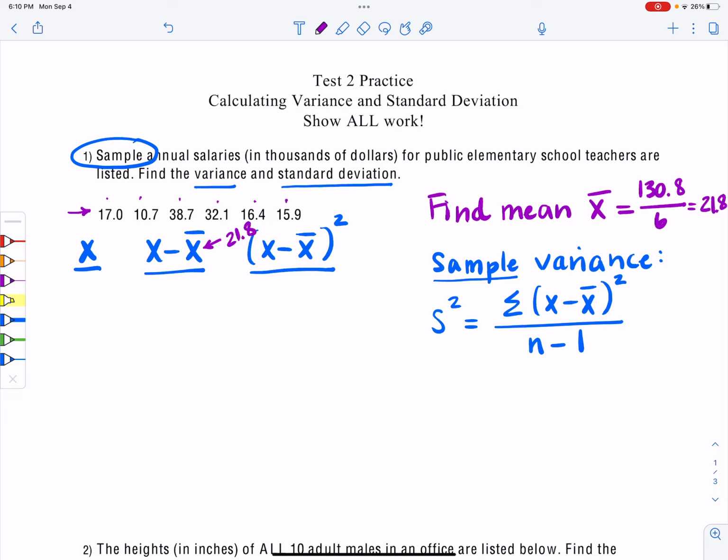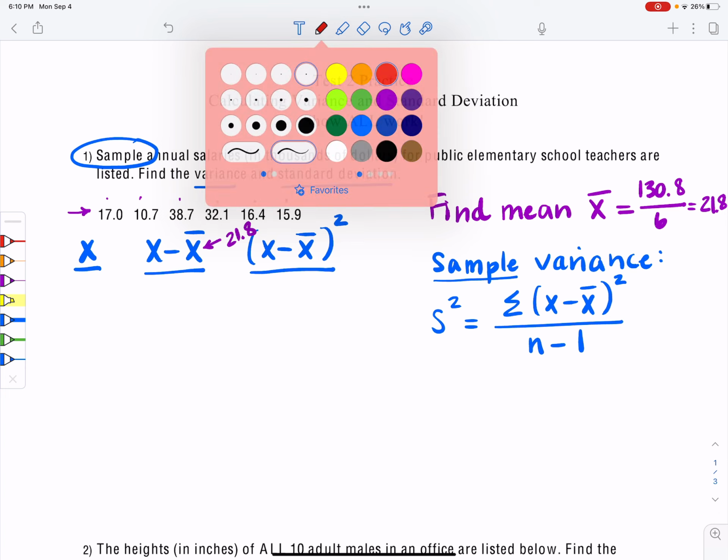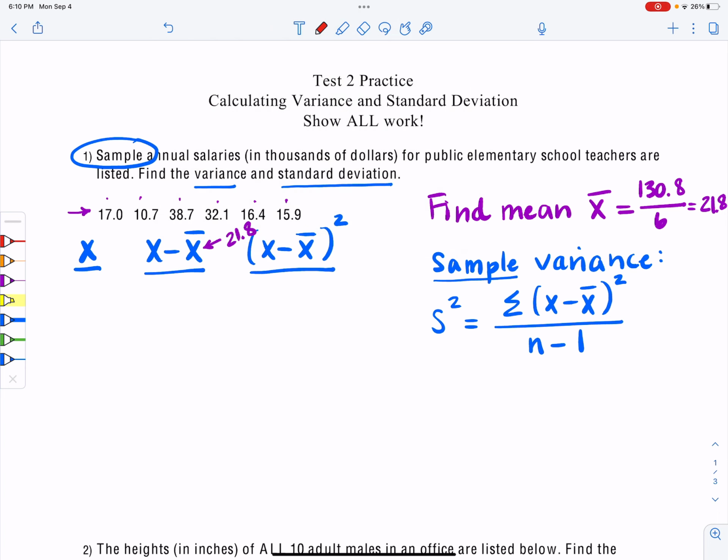So I'm going to fill in my table now. I want you to do the same thing on your end. For this first column, you're just going to list each one of the 6 data values. In the middle column, you're going to take each value and just subtract its mean of 21.8.